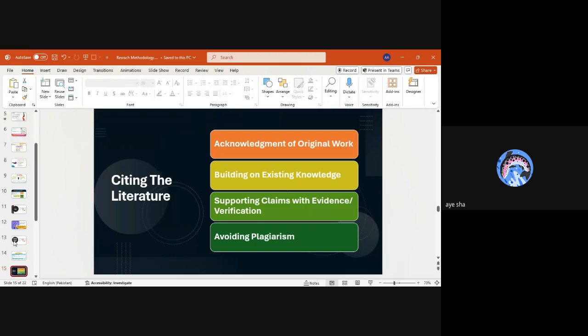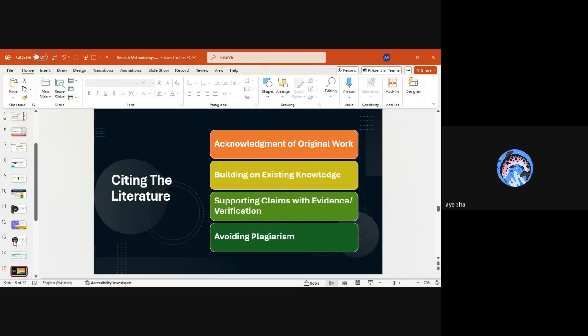Now, obviously, since I said you will be citing the literature, you will be writing it down, right? Because you are making a research proposal. So the citation of literature is very, very important, because you cannot just pick a line out of a paper and write it down as your own.